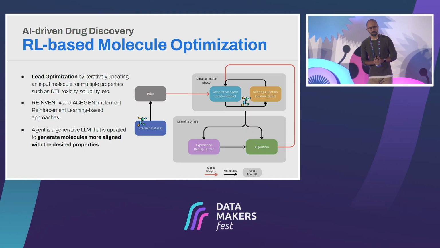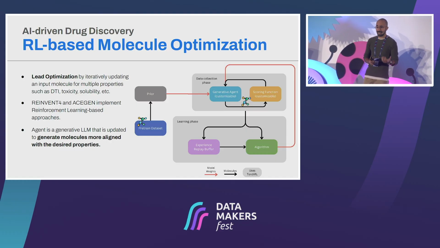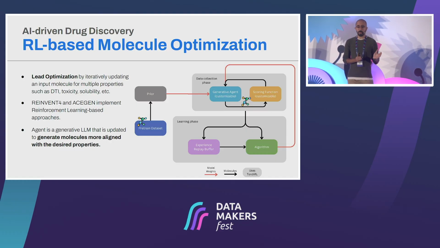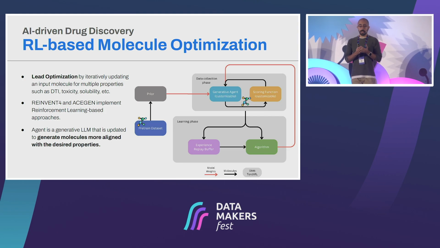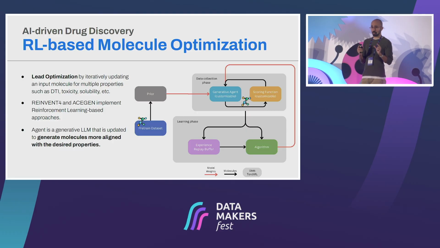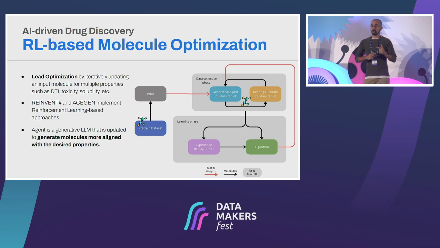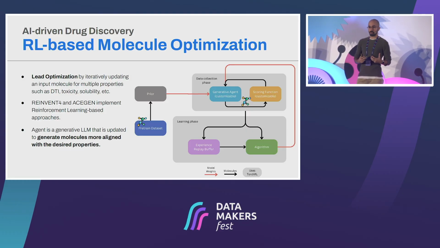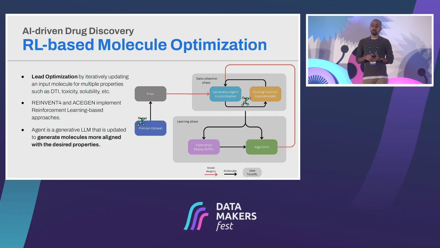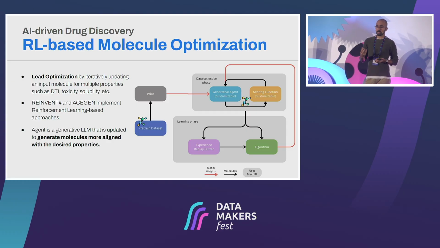And so there are some really cool tools out there like Reinvent4 and AceGen, which basically implement these reinforcement learning based workflows, where the whole idea is to use a generative model, so like a decoder like GPT, trained with small molecule data, and that's what's going to be generating new designs for your molecule. But the cool thing is that you're going to use this reinforcement learning workflow.